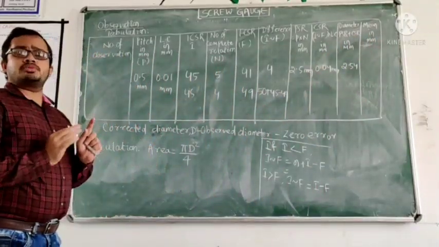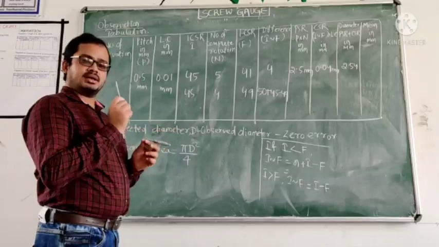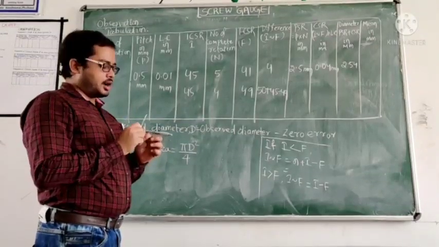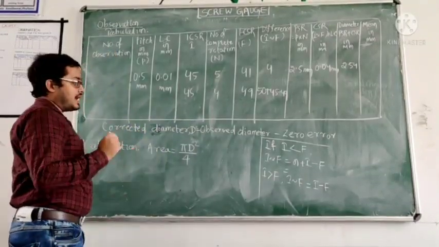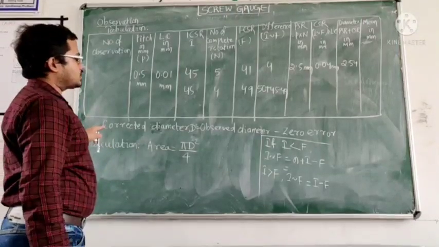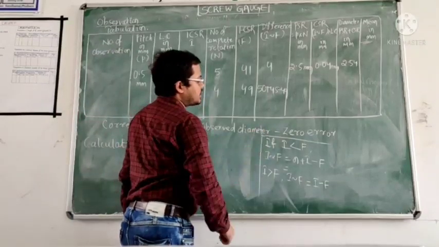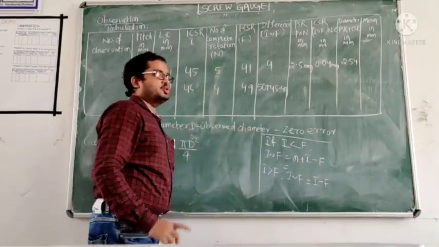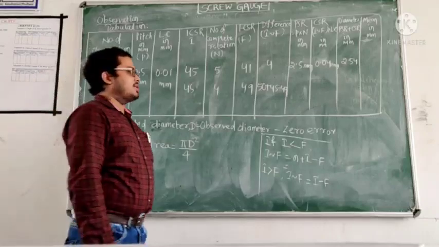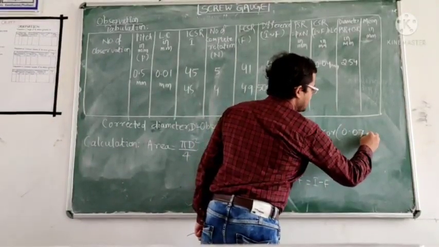This is the observed value which we have obtained from the wire using this instrument. Now we need to get the corrected diameter using the formula: observed diameter minus zero error, which I have shown you already. In this instrument our zero error is 0.07 millimeter.